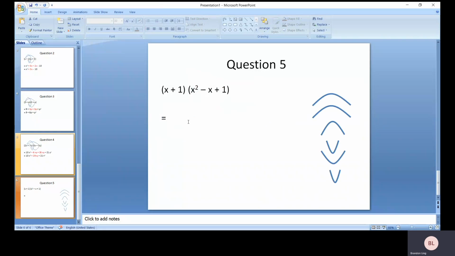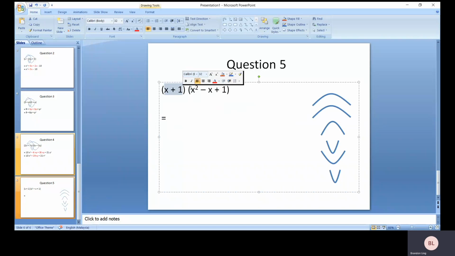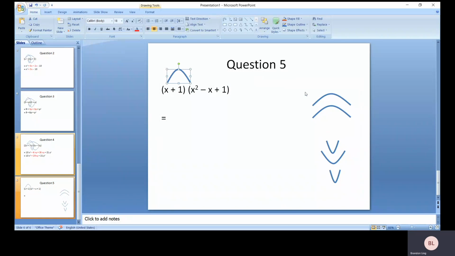The last question, question 5. Here you have two terms and 3 terms here. So first, you need to combine these two, followed by this one, and lastly, this one.